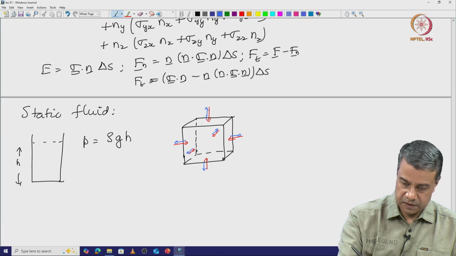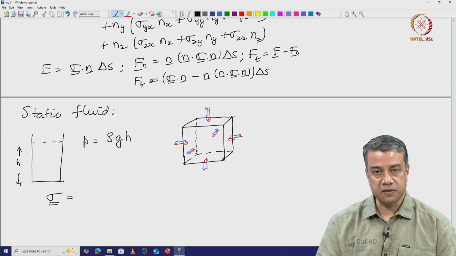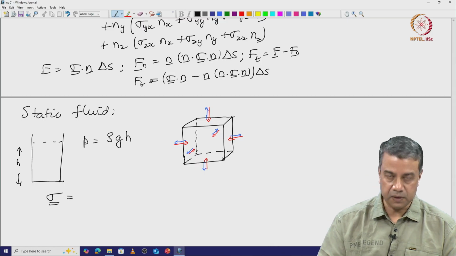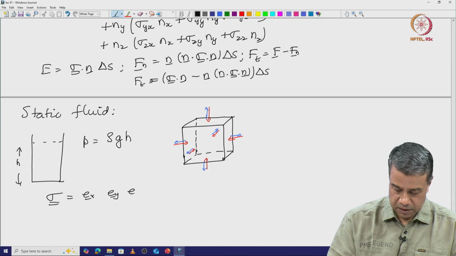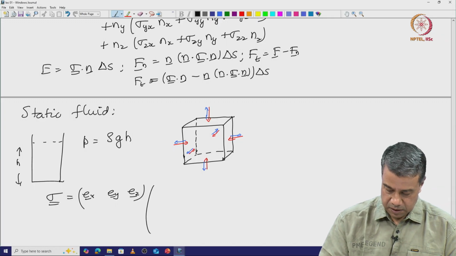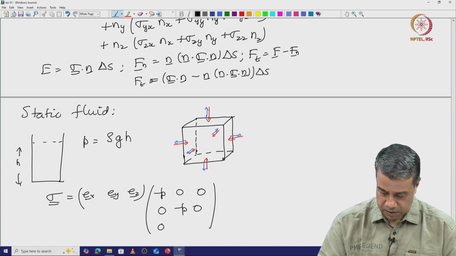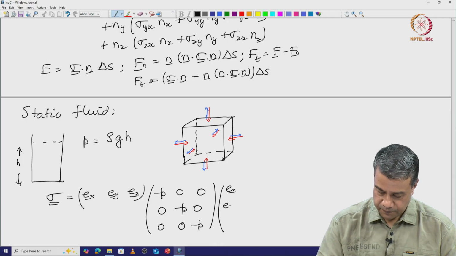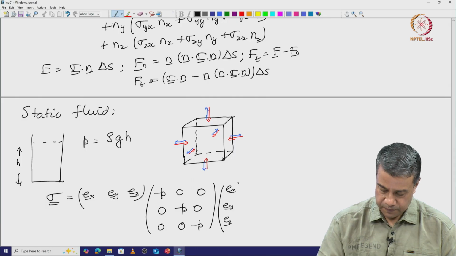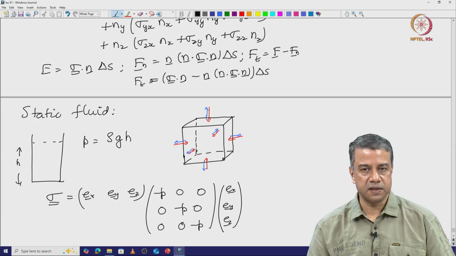Therefore, the stress for a static fluid will have three components, each of which is acting along the inward unit normal. So it is E x, E y, E z into minus P, 0, 0. So this is the stress tensor in a fluid that is stationary.